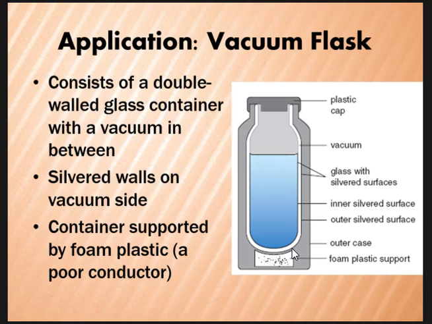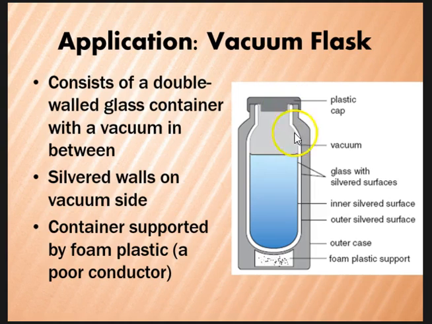This feature prevents conduction and convection heat transfer from the hotter content on the inside wall to those on the outside. Secondly, the silver walls on the vacuum side are poor emitters of radiation, hence preventing heat loss by radiation. Lastly, notice how the other parts of the vacuum flask are made from materials which are insulators of heat.